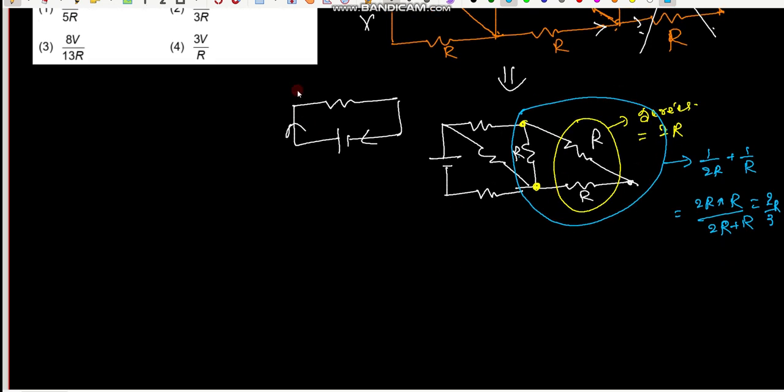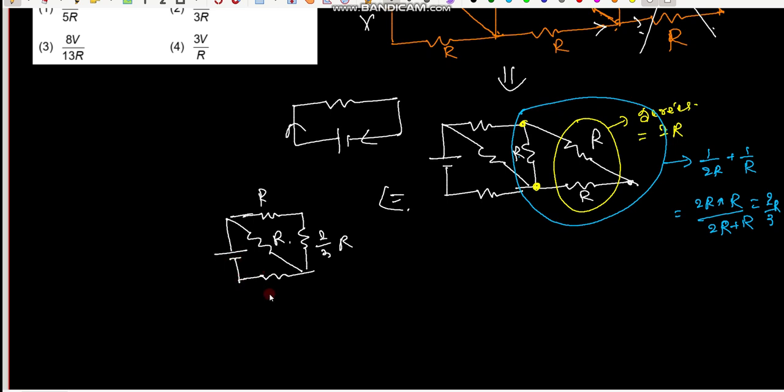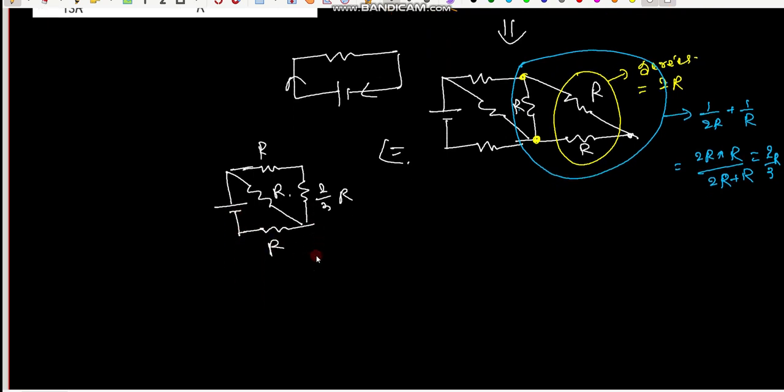Now I'm going to redraw it further so that we don't miss the required information. We have this part, and this part is 2R by 3. So I'm going to put 2R by 3 here, and this is R, this resistance will be R, and here we have R, and this is the battery. Now how much is this combination?